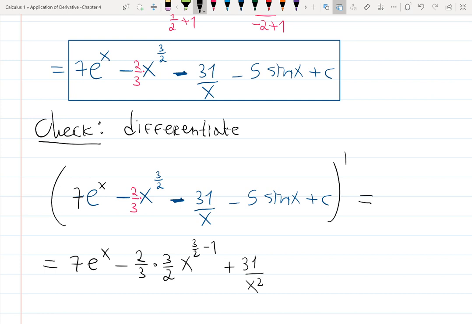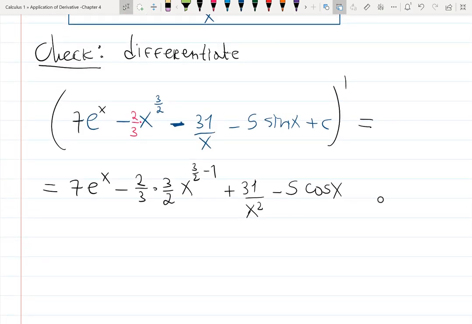Check yourself if you want. Derivative of minus 5 sine x is minus 5 cosine x. Derivative of plus c is 0. So the answer becomes, cancel out, 2/3 times 3/2. That's 1. The answer is 7e to the x minus x raised to the 3/2 minus 2 over 2.